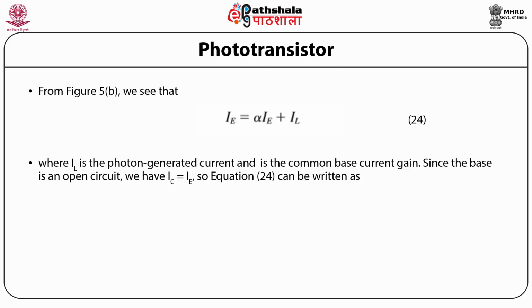Since the base is open circuited, we have IC equal to IE, so this equation can be written as IC equal to alpha IC plus IL. Solving for IC, we find that IC equal to IL by 1 minus alpha.